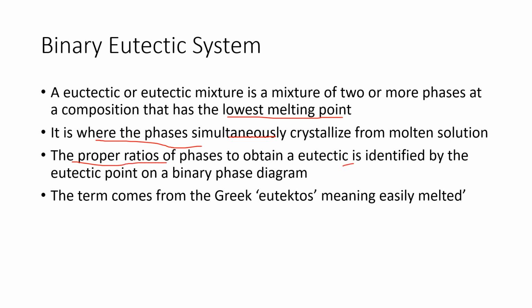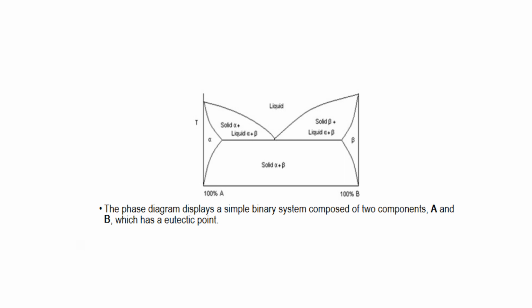The proper ratio of phases to obtain a eutectic is identified by the eutectic point on a binary phase diagram. The term comes from the Greek word eutektos, meaning easily melted.